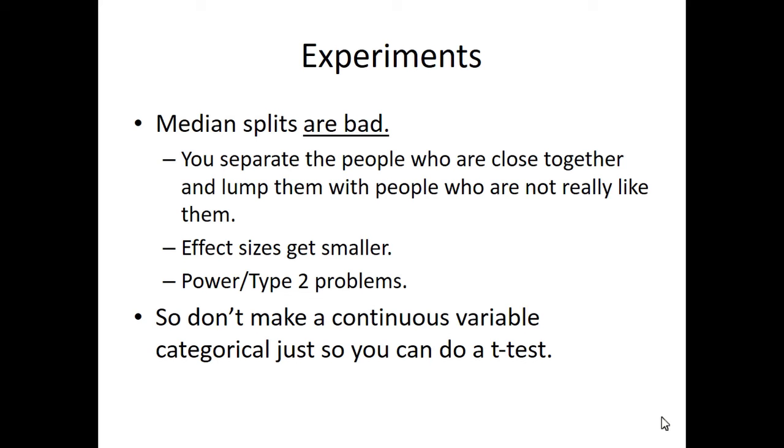Okay. So median splits are bad. If we want to use World War II Germany as an example, separating people that normally are close together. So you lose information, your effect size will normally get smaller, and usually it causes type 2 problems. Okay, that's where you miss it. So don't take a continuous variable and make it categorical just so you can do a t-test. That's kind of the theme here.